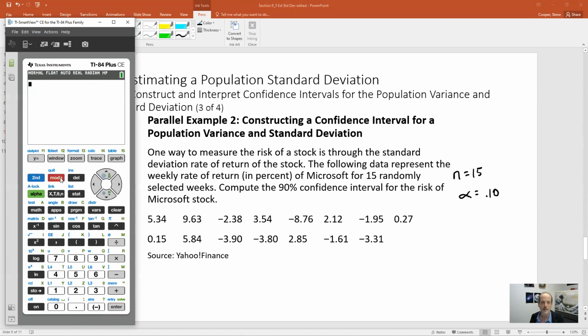Let's go get one of our stats. Remember, I used list 2, so I'm going to select L2. Okay, now I need to use s sub x because it's a sample, it's not the entire population. So we're going to use 4.697.